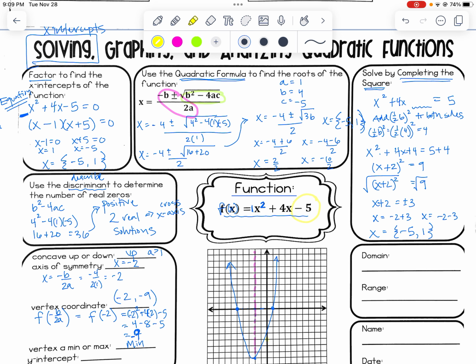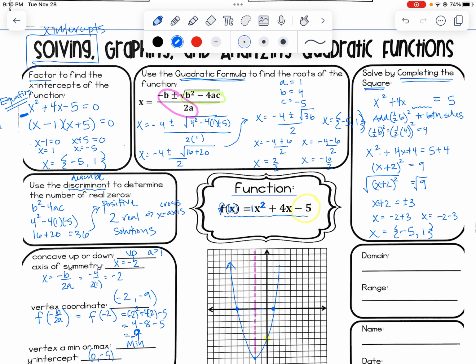It should have been through that point right there. So if I erase my line and redraw it, what I end up with is a parabola with roots at 1 and negative 5 that goes through that y-intercept of negative 5. So that's that yellow point. Maybe a little bit hard to see, but that's it right there. And the y-intercept is at 0, comma, negative 5.